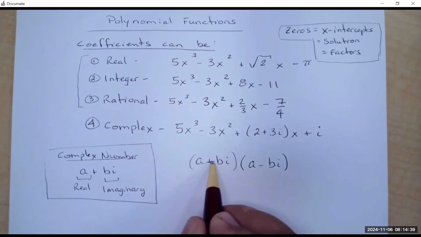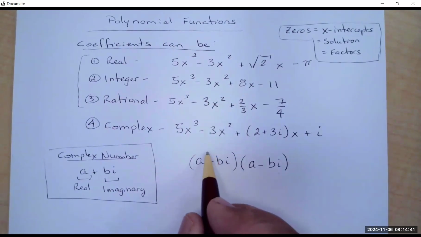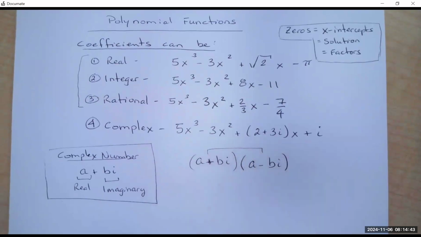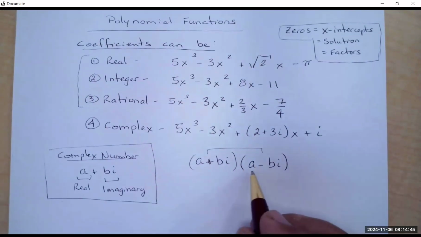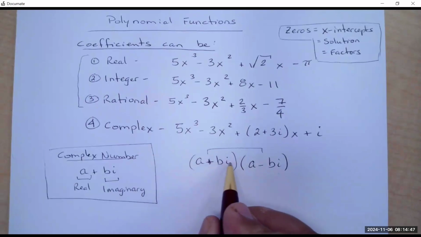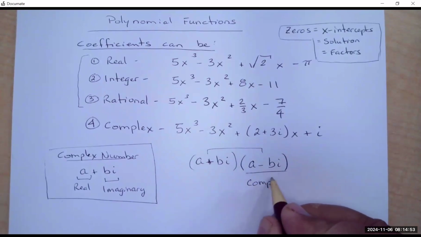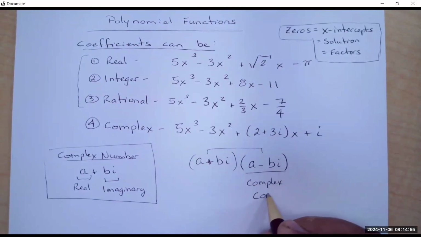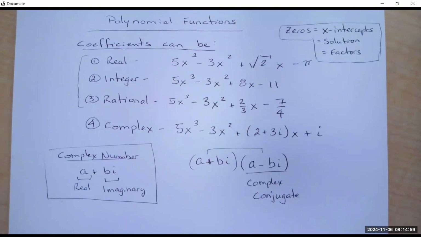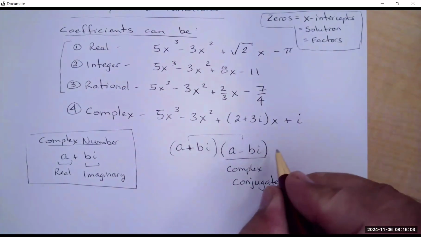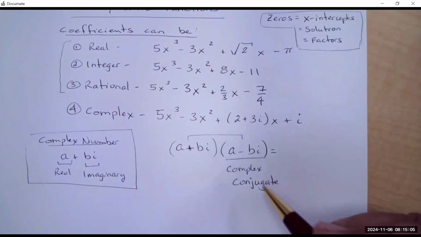The only thing I did was change the sign in the middle. So if this is a plus bi, this number here, a minus bi, is called the complex conjugate. The complex conjugate, I'll show you what it does.